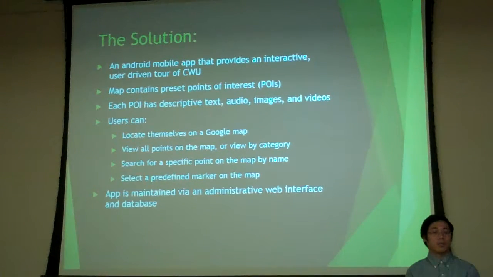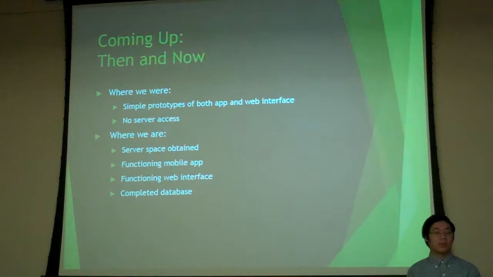So today we're going to talk about where we were when we first came and talked to you all about our project. And at that point, we had a paper prototype of our app, and we had a very simple web interface. The project also includes a web interface, for the administrator to use to load the data for the application.